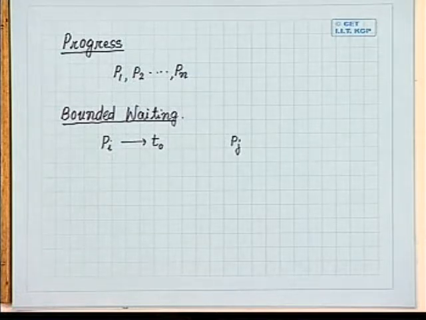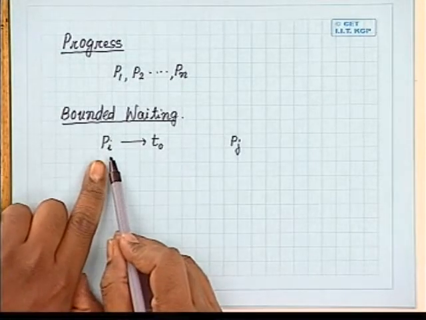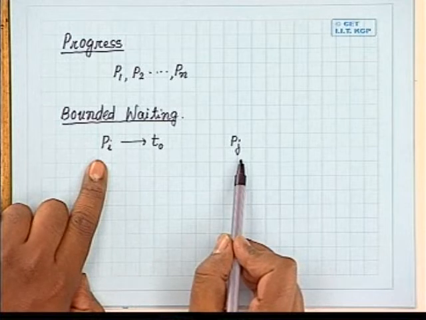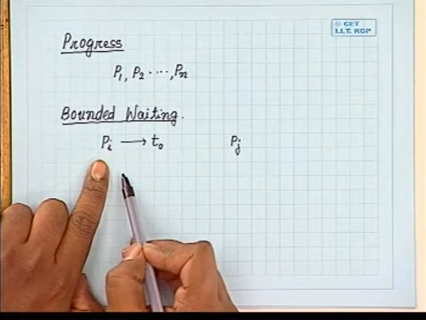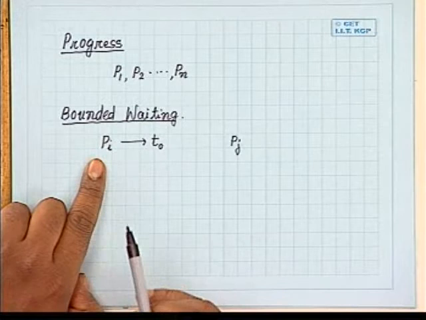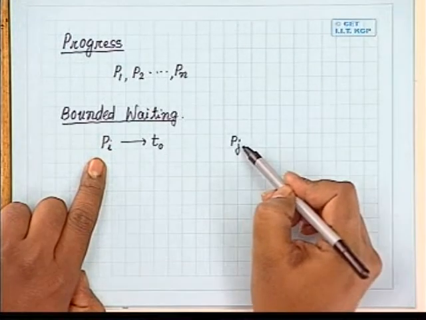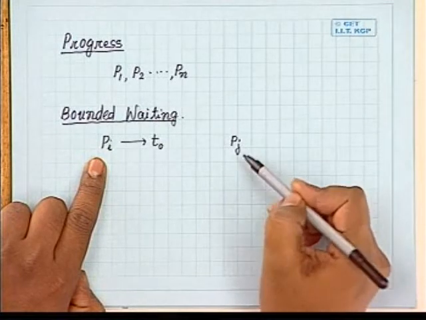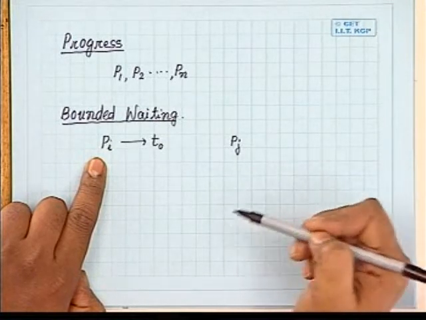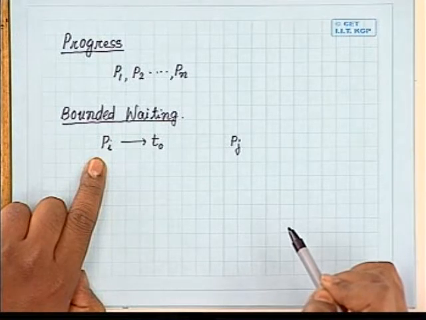And it may so happen that now there is a competition between Pi and Pj. Pi has put a request to enter the critical section. It could not enter immediately because Pj was executing in the critical section. Pj has come out, and immediately after coming out, it has again put a request for entering the critical section.